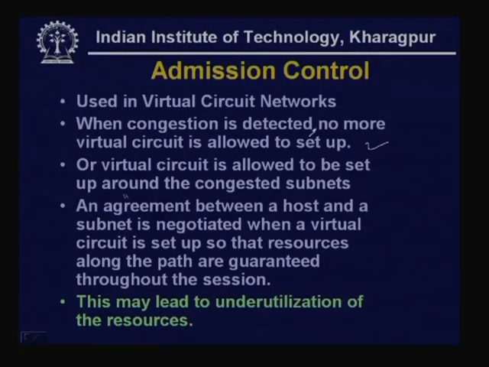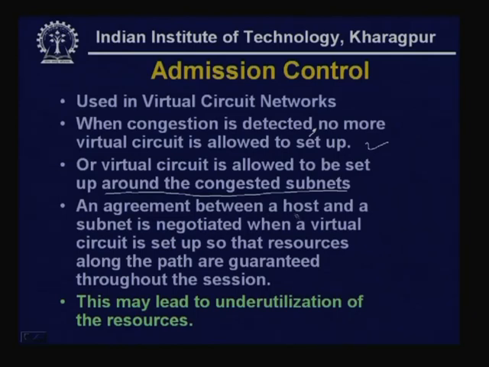That means, maybe the congestion has affected or the traffic has increased significantly in one portion of the network, not throughout the network. So, if the packet can be sent around the congested subnet, not through the congested subnet, then also this is part of the admission control. That can be done as part of the admission control.